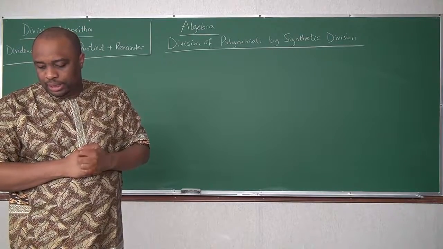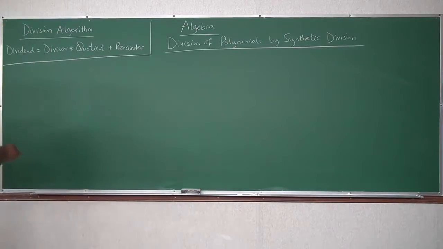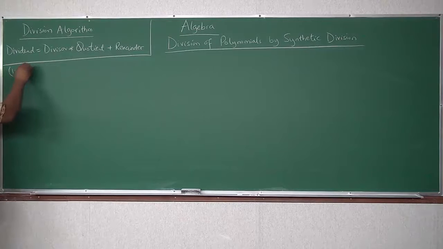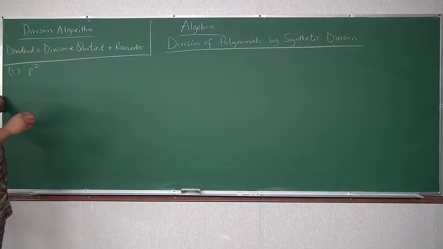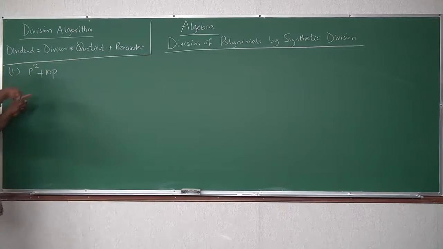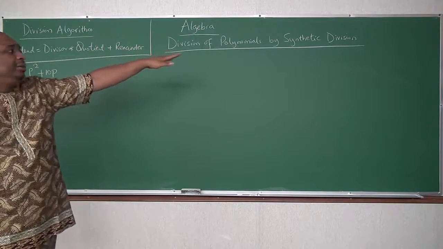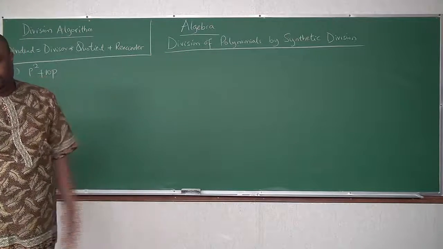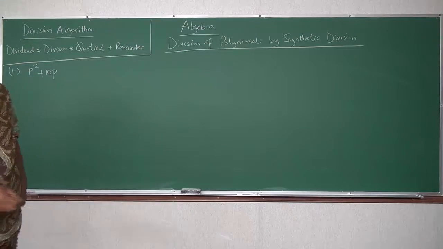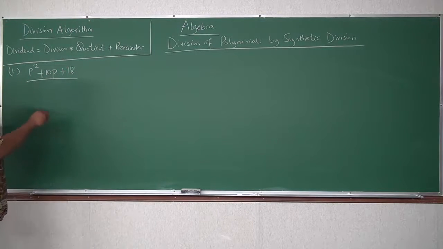So the first question I have here, number 1, is p squared plus 10p plus 18 over p plus 5. I got this question from the video. These are the questions we did in the video by long division.